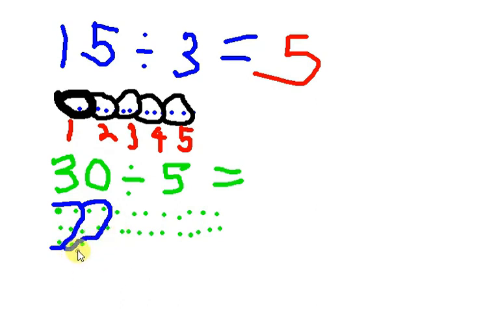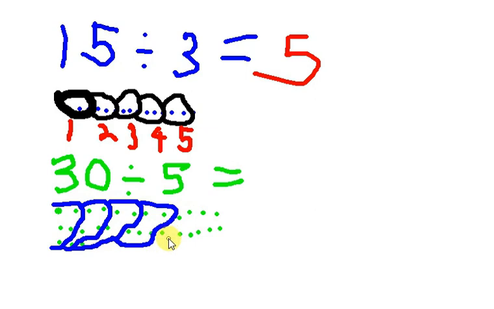Then we count another set, 1, 2, 3, 4, 5, and that is gone. Then you see 1, 2, 3, 4, 5, gone.